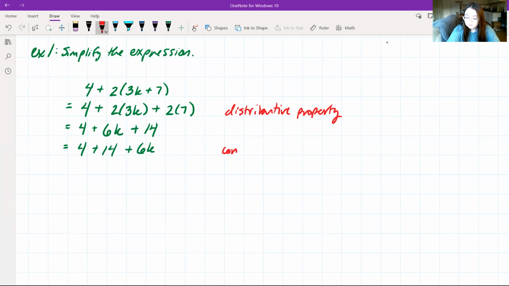And here we use our commutative property. And the step in between, all we really did was simplify by multiplication.